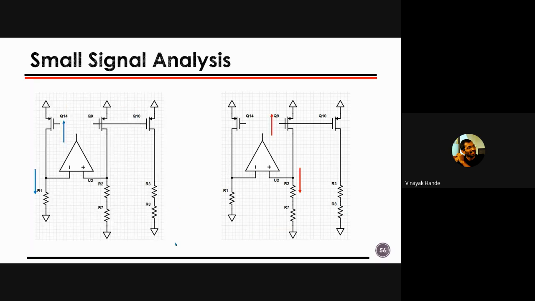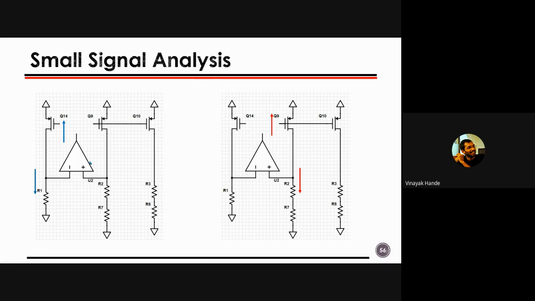Now as we have connected the operational amplifier, there are two paths for feedback. One is this path and the second one is this path, right? Then we have to analyze that, okay, as a positive sign is connected there, there must be positive feedback, then we may get into trouble, right?